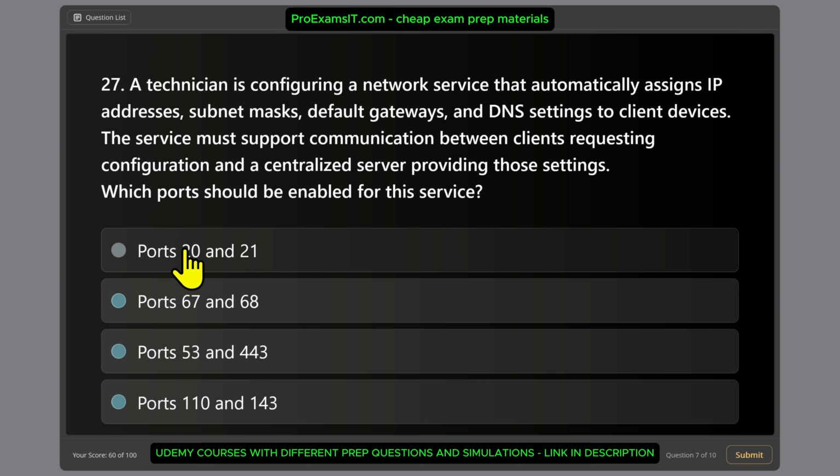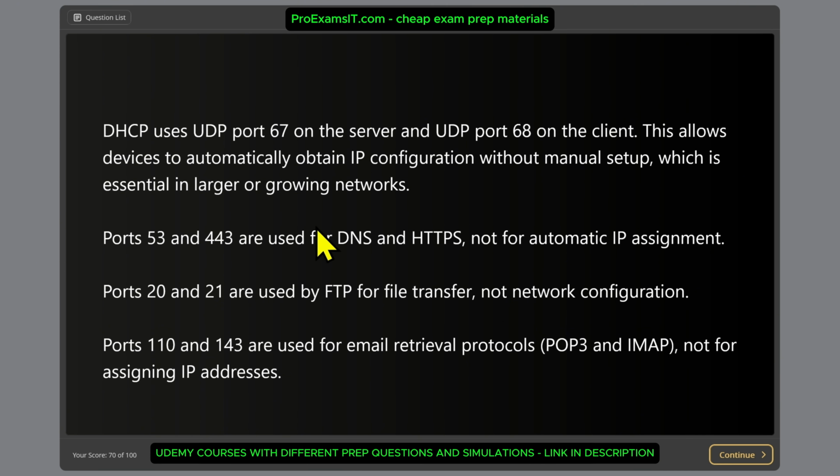So which ports should be enabled for this service? 20 and 21, again we have two pairs of ports, 67 and 68, 53 and 443, 110 and 143. What are we talking about here? What is this protocol name? We are talking about DHCP, and it uses 67 and 68.